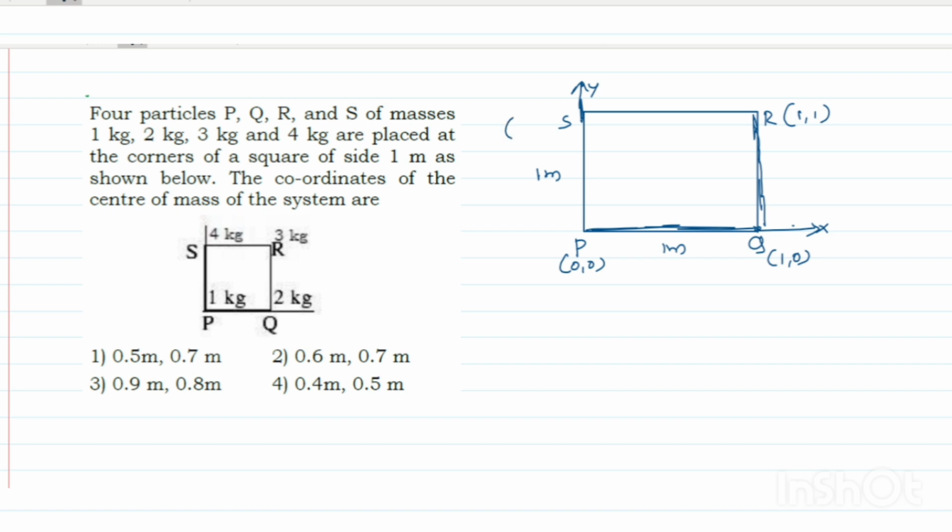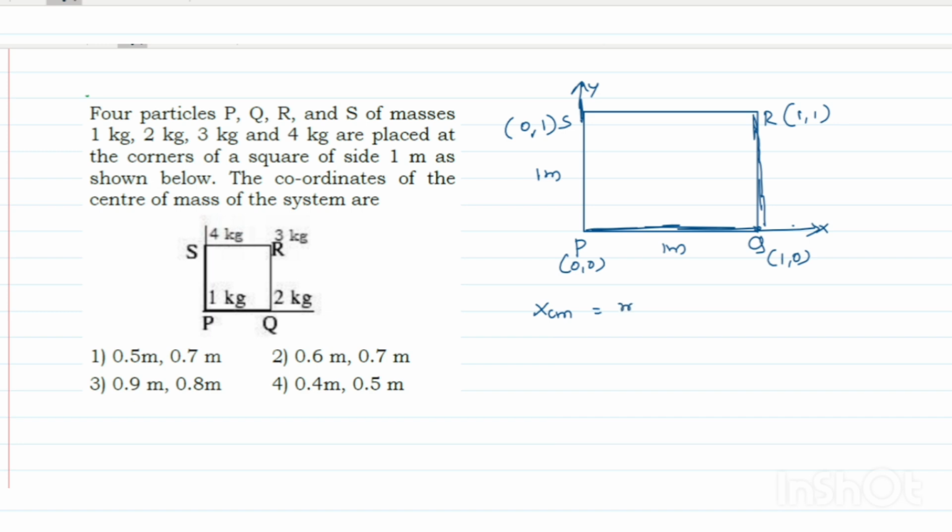S is located on the y-axis, so the x coordinate will be 0 and the y coordinate you can take as 1. Now the square is lying in a plane, so you must talk about 2 coordinates, one along the x-axis and one along the y-axis.